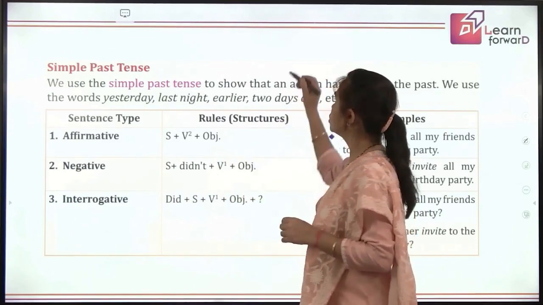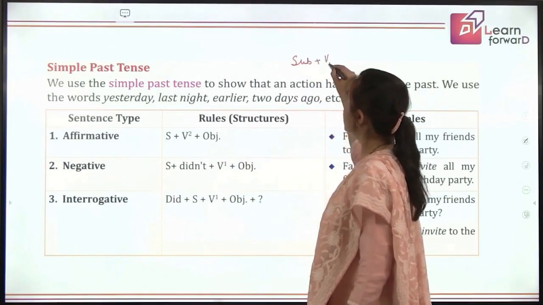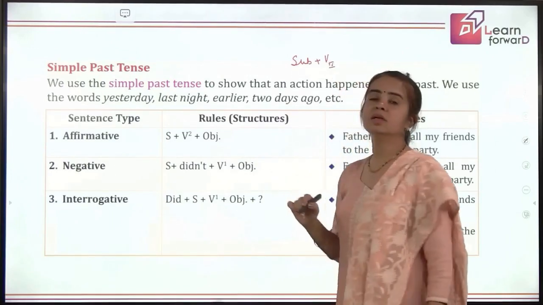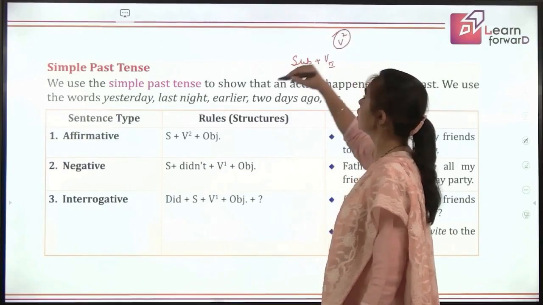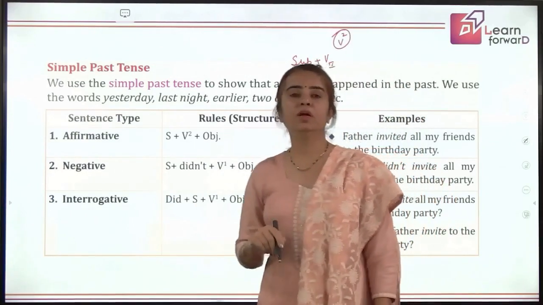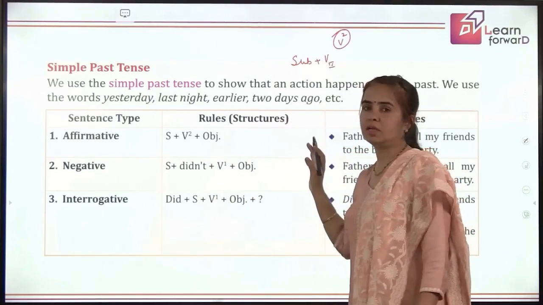So the structure is subject plus the second form of verb. Second form of verb we also write as V2. That means we are talking about the second form of verb with all the subjects, and then you write the rest of the sentence. Okay.